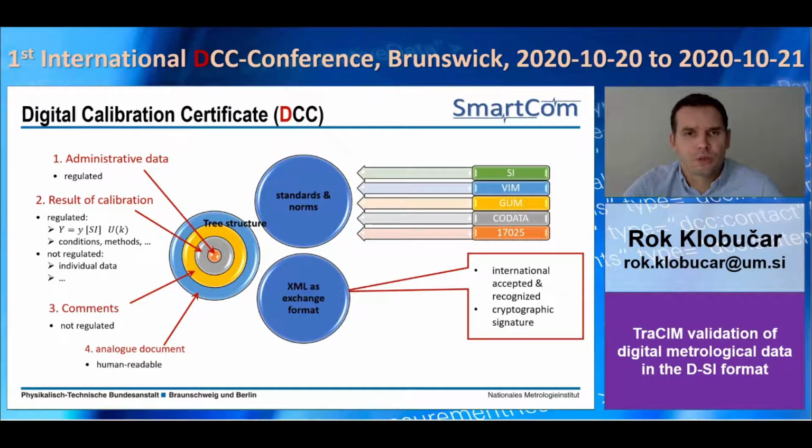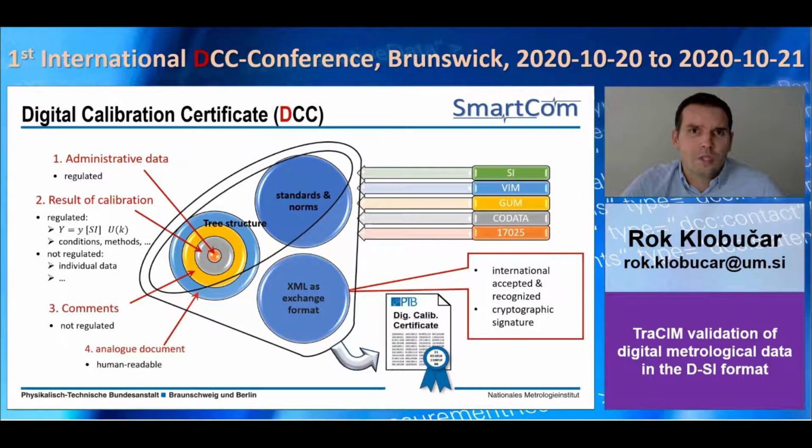This is the tree structure, and then we need an exchange format. This format should be internationally accepted and recognized, and it should also include a cryptographic signature. All of this is needed to build a digital calibration certificate.